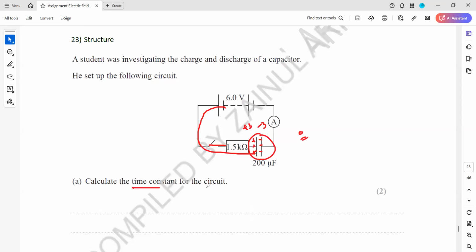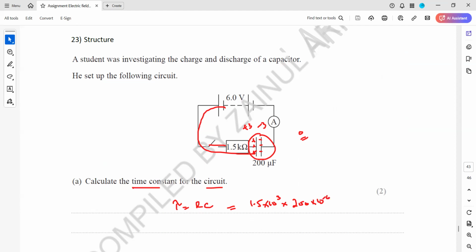Calculate the time constant for the circuit. Time constant is the product of resistance and capacitance. The resistance here is 1.5 kilo ohm, which is 1.5 times 10 to the power 3, and the capacitance is 200 microfarad, so 200 times 10 to the power minus 6.